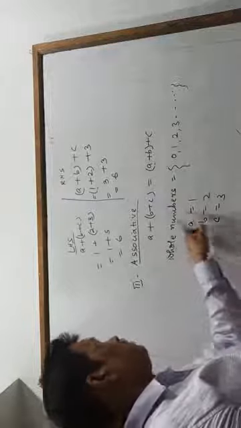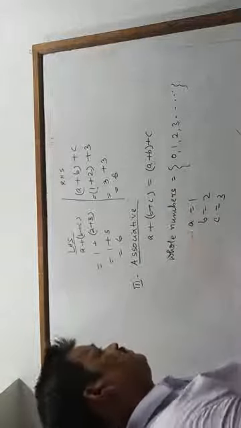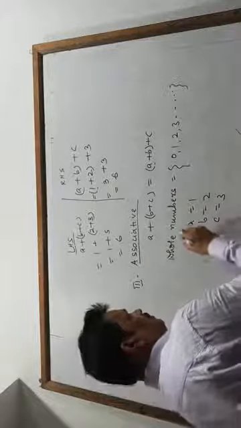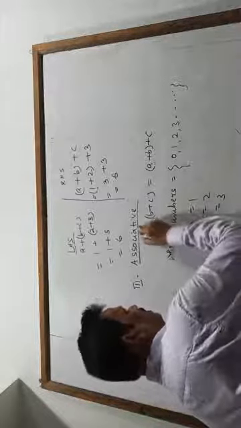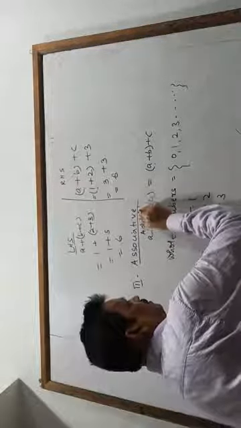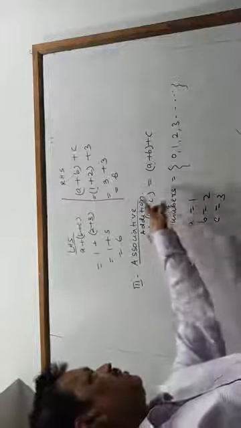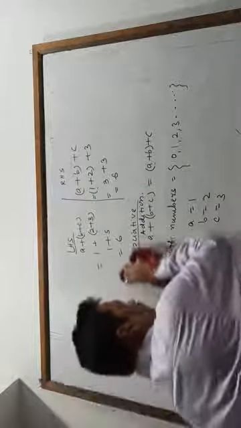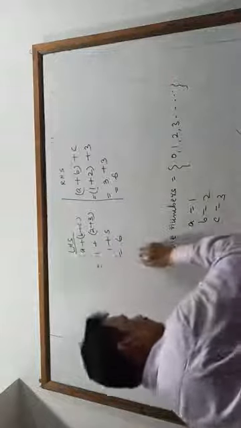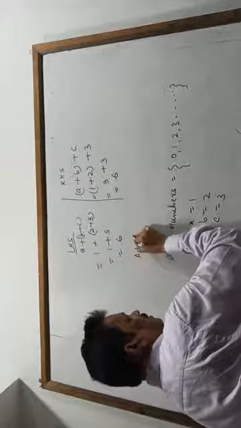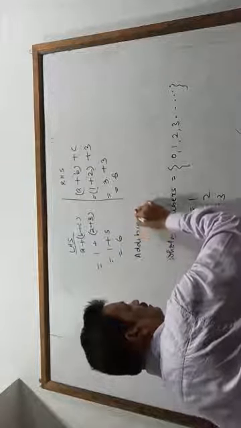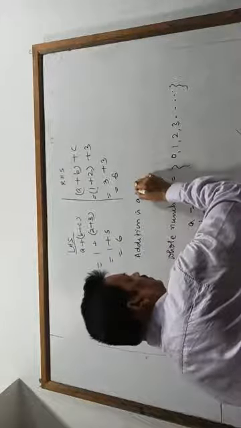So in the whole numbers, addition is associative. We have to take addition here, write down. So addition is associative.